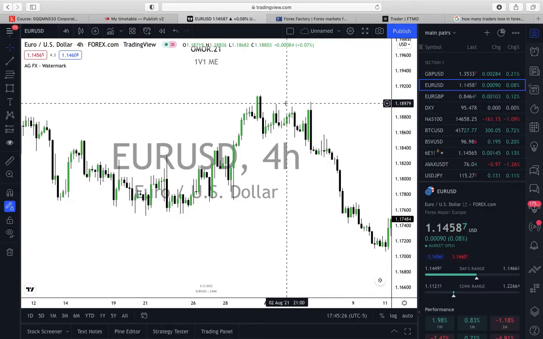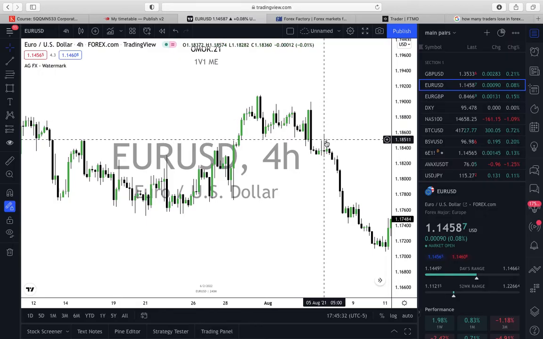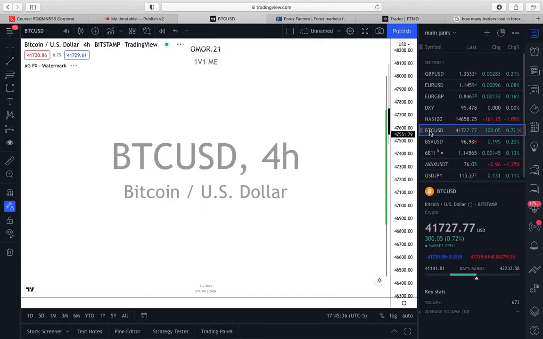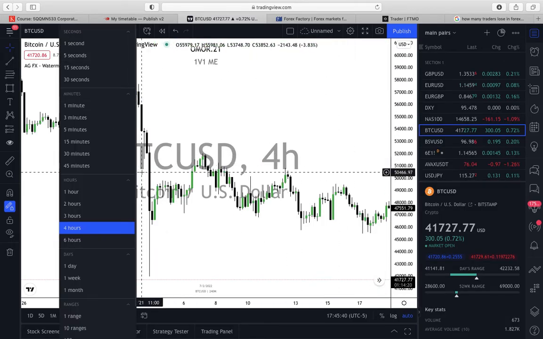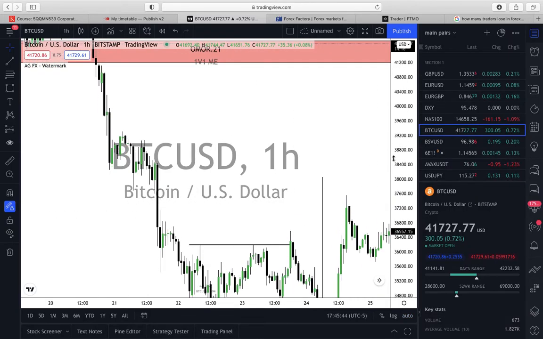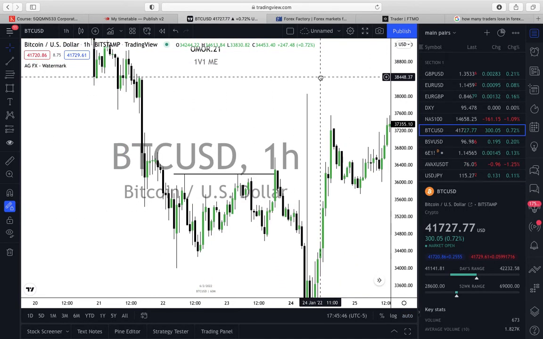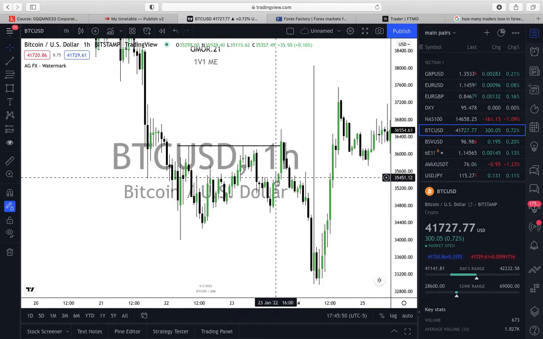Liquidity above here, this candle takes it out, goes down. Now let's go to everyone's favorite pair, Bitcoin. This one was actually on my snap, I called it. People that have me on snap, they know that I called this live, but it's whatever.